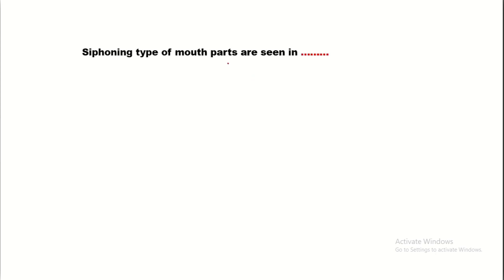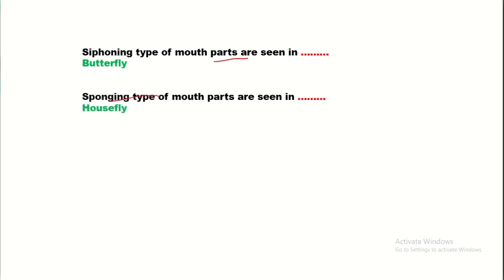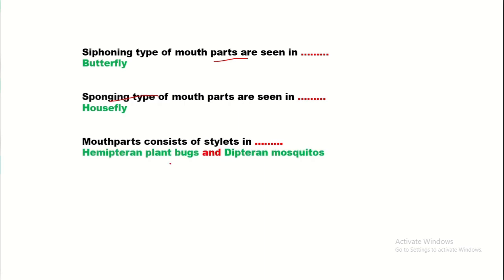Siphoning type of mouthparts are seen in butterfly. Sponging type of mouthparts are seen in housefly. Mouthparts consisting of stylets in hemipteran plant bugs and dipteran mosquitoes.